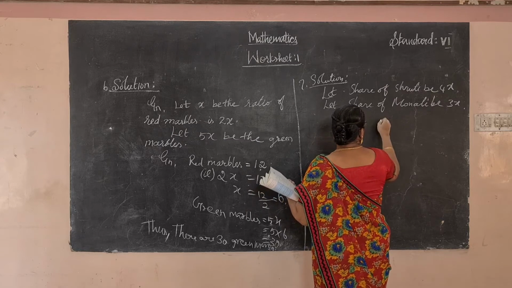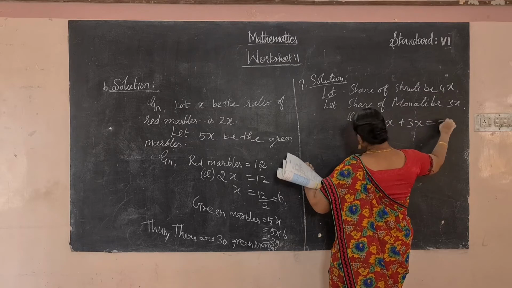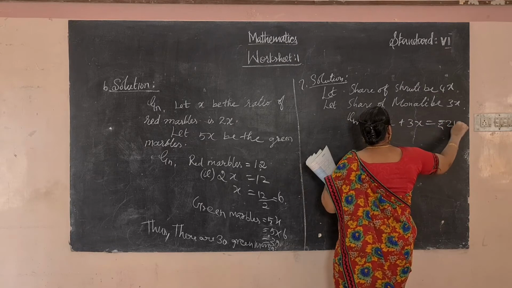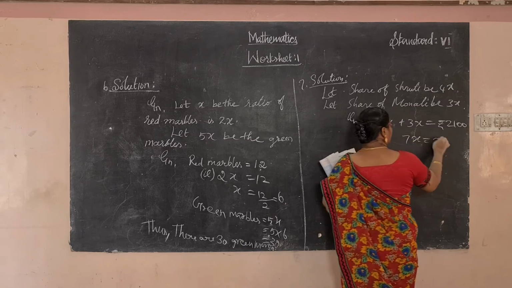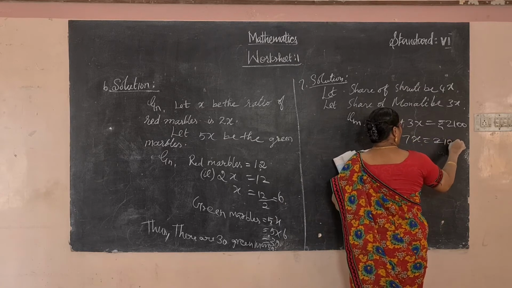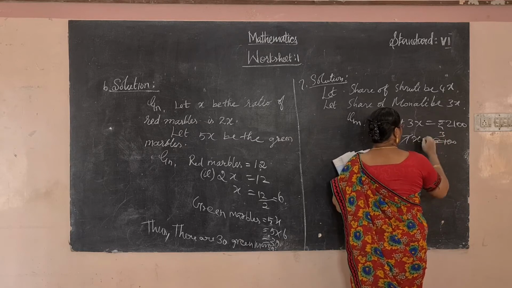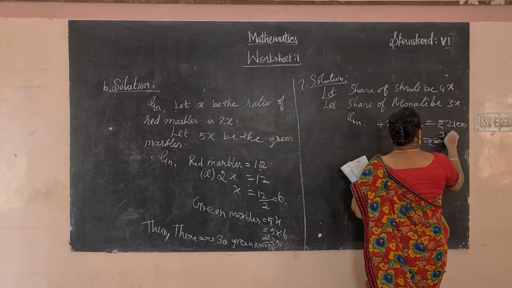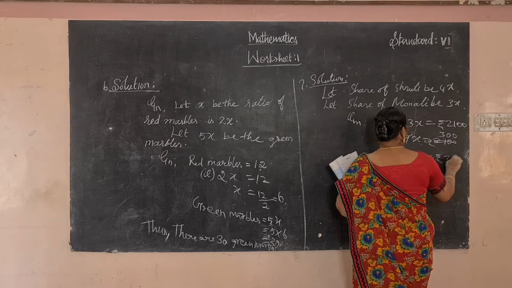Given 4x plus 3x equals rupees 2100. So 7x equals 2100. 7 threes are 21, so x equals rupees 300.